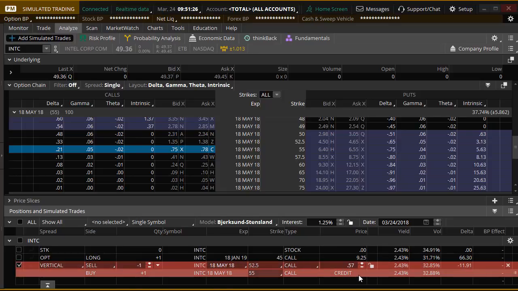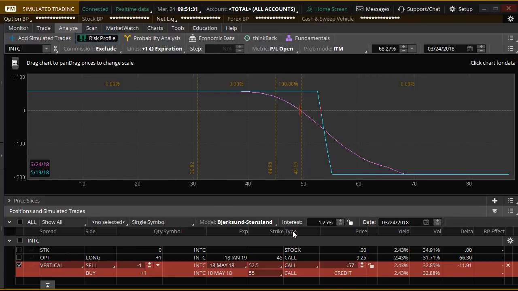When we collect a credit to put on the trade in a credit spread, it's going to show us this profile. Okay, this profile is the short side of the trade. Imagine this being short the stock. Imagine this being our max profit, our target, and this is our stop loss.